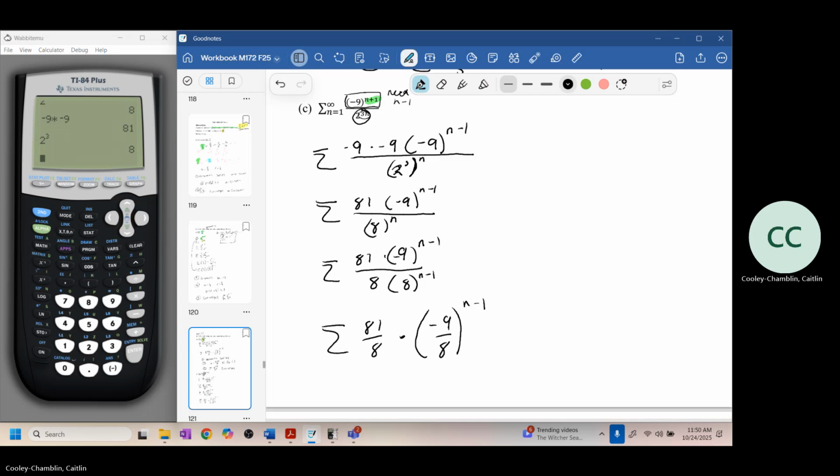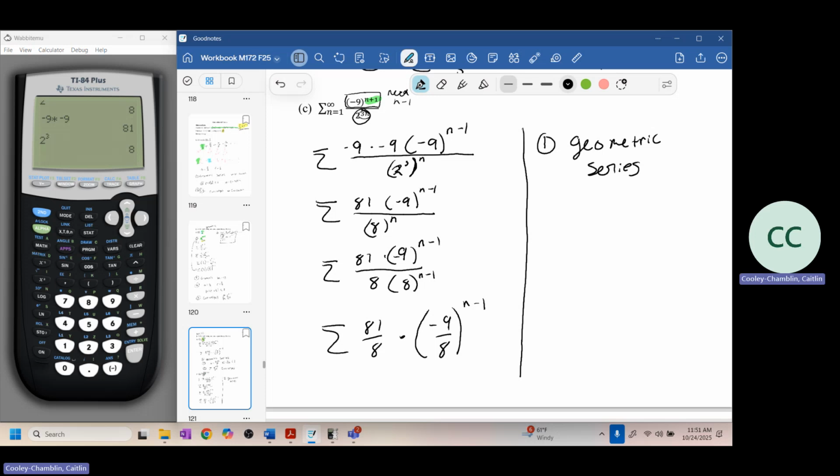Okay, so now we can write our conclusion. 1, this was a geometric series. And I know that because we have an actual number raised to a variable.